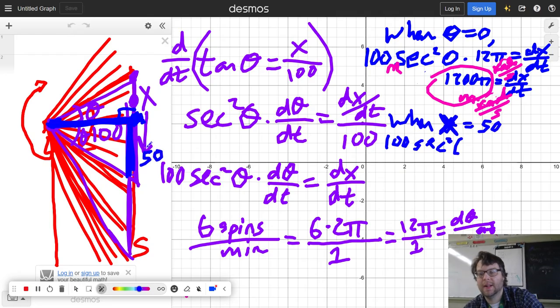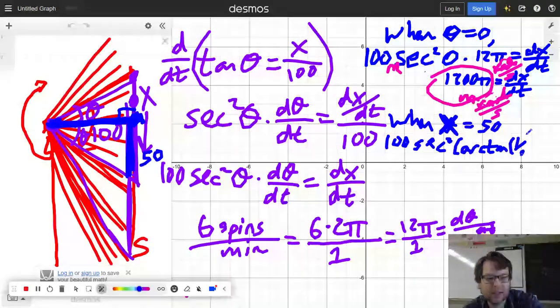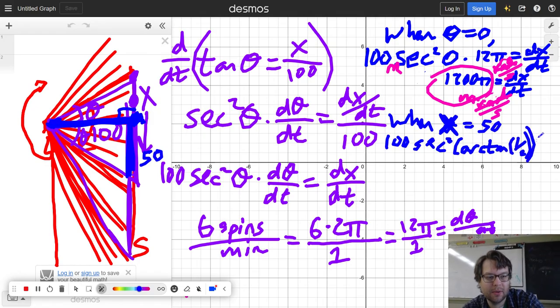And so then the secant, we need to figure out what angle that has. You could use the arctan of a half because the opposite over adjacent is 1/2. That's not going to come out to be a really nice number, but times 12 pi. Grab a calculator and it'll give you some sort of estimate here, approximation of it.